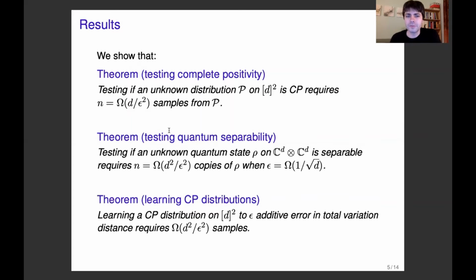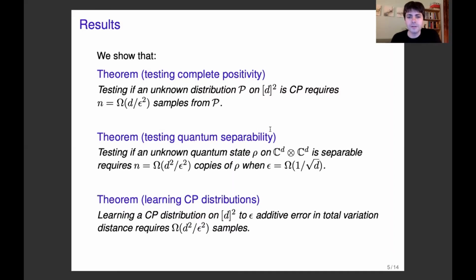Using a similar approach, we showed that testing if a quantum state rho is separable requires d squared over epsilon squared copies of rho, as long as epsilon is not too small. Because of our approach, where we test if rho is the maximally mixed state or epsilon far from all separable states, epsilon cannot be too small, because we know that if a state is too close to the maximally mixed state, then it automatically becomes separable.